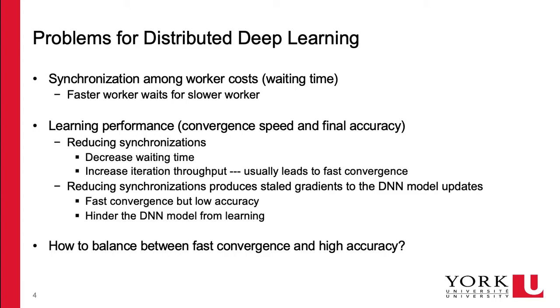However, this fast convergence may end up with low accuracy, because reducing the synchronizations will produce a lot more stale gradients, and these stale gradients will be applied to the weights iteratively. How to balance between fast convergence and high accuracy is still an open question.